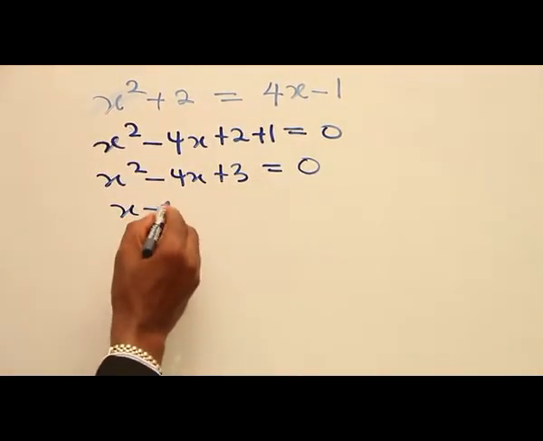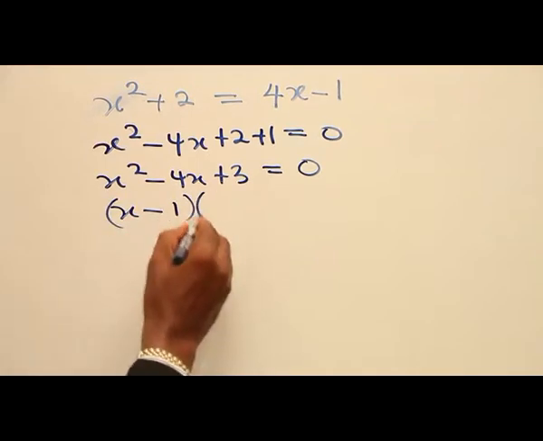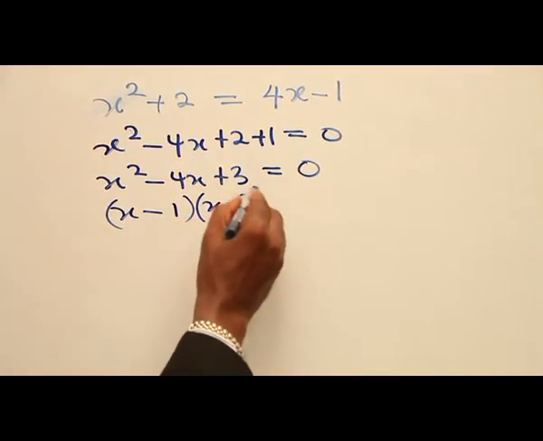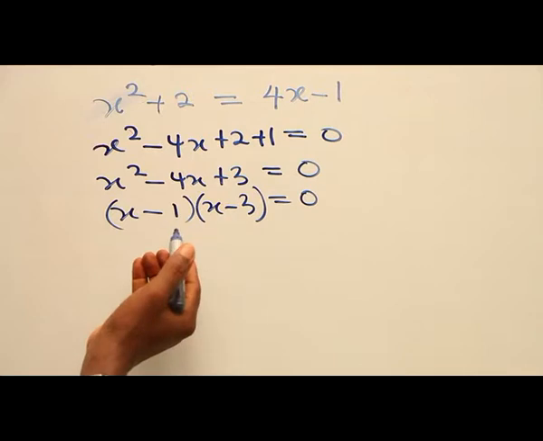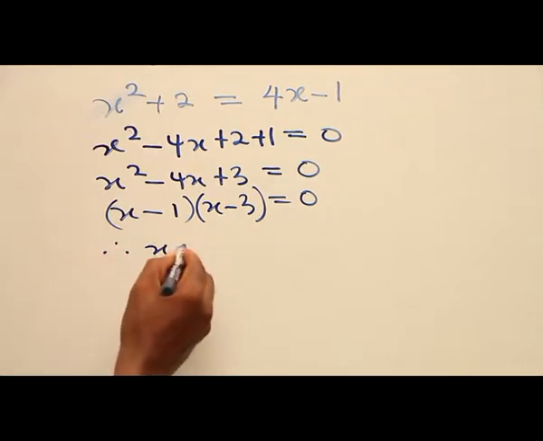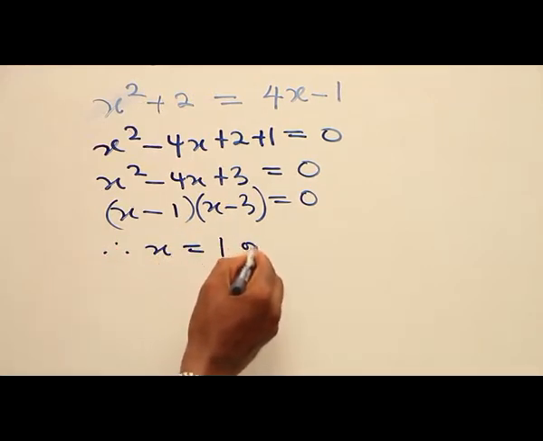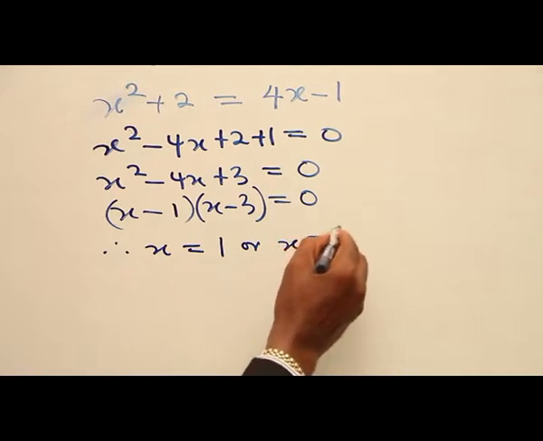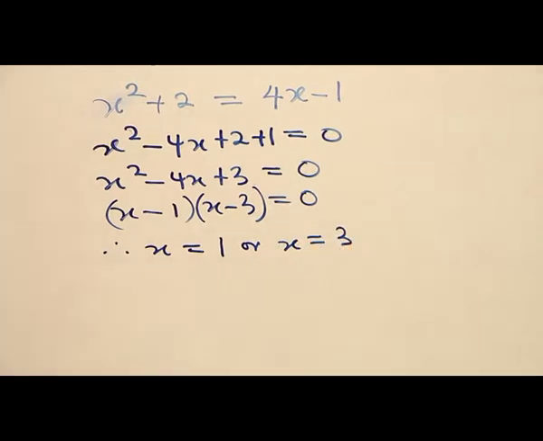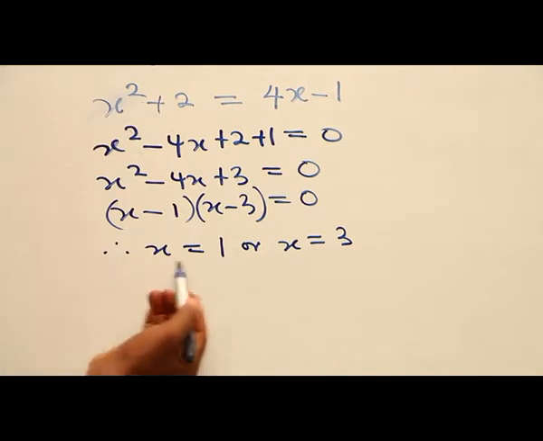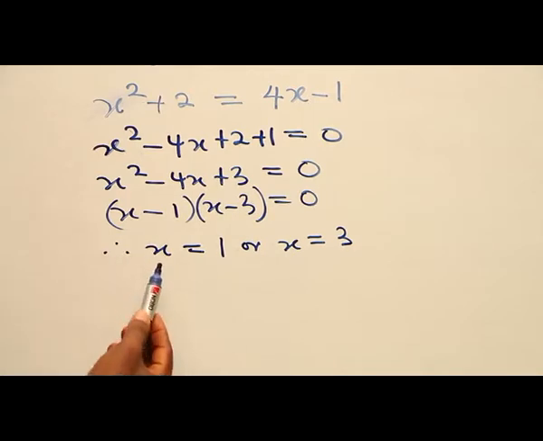Factorizing this, we have x minus 1 and then x minus 3, and everything equal to 0. Therefore, x is equal to 1 or x is equal to 3. So the limits we have established by this process. So we are going to integrate our function between the points 1 and 3.